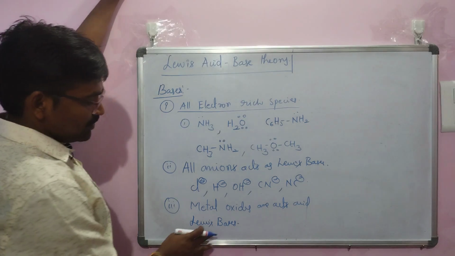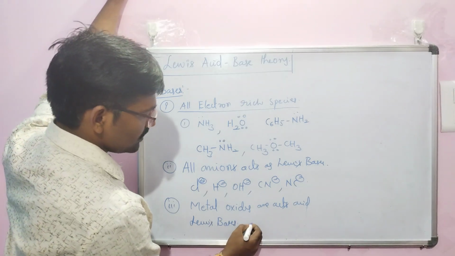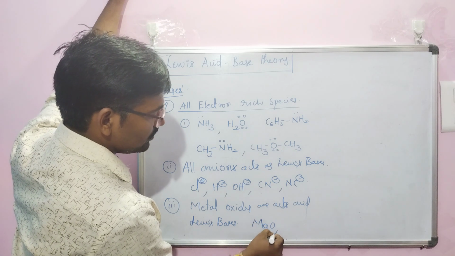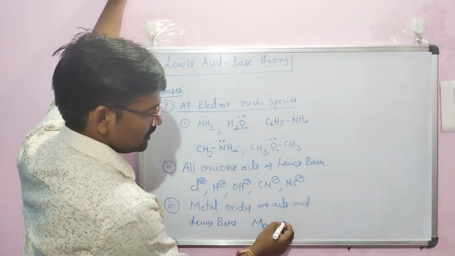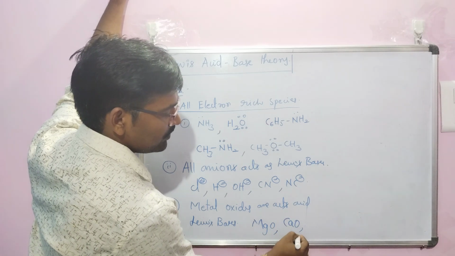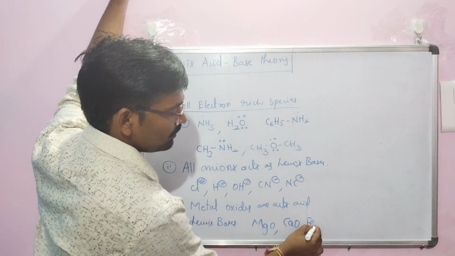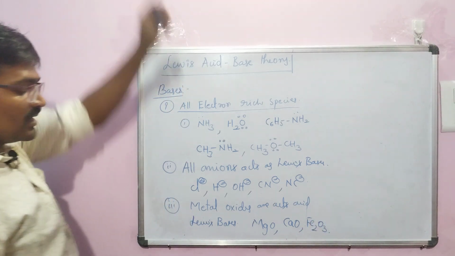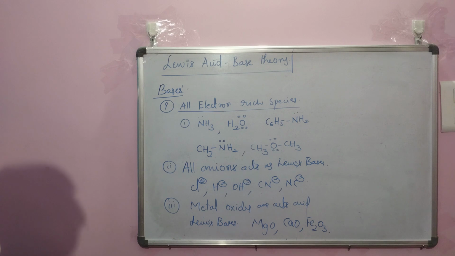So for example MgO, then CaO, then Fe2O3, these all are oxides that act as Lewis bases.